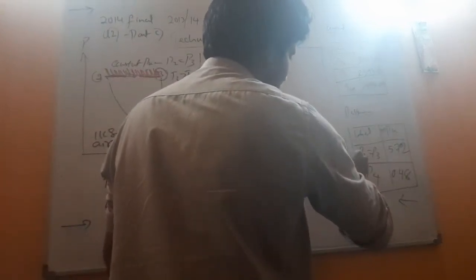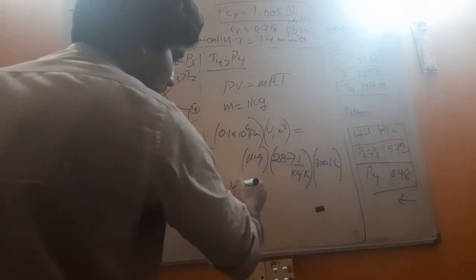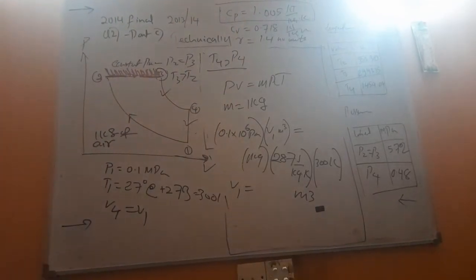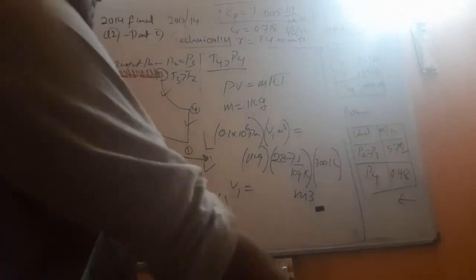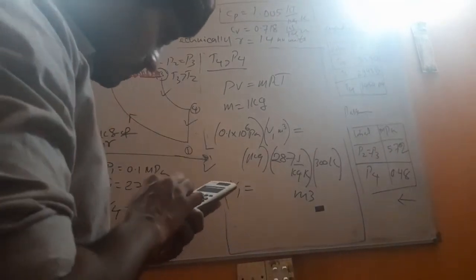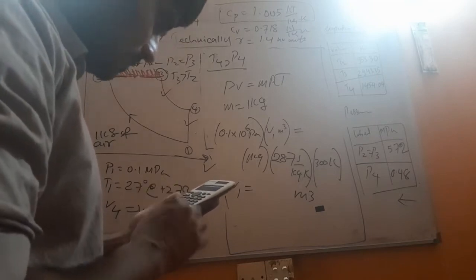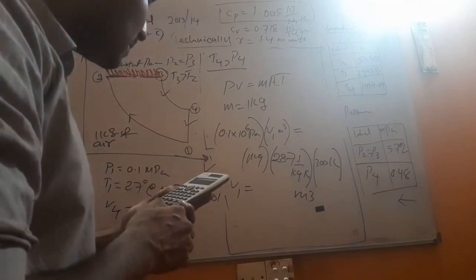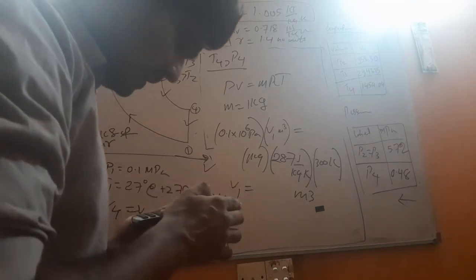Let's find the volume V1 in cubic meters, because we can verify whether our values are correct. V1 is 1 multiplied by 287 multiplied by 300, divided by 10 to the power 6, divided by 0.1. What is the volume? 0.861.